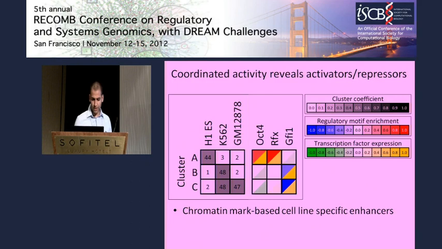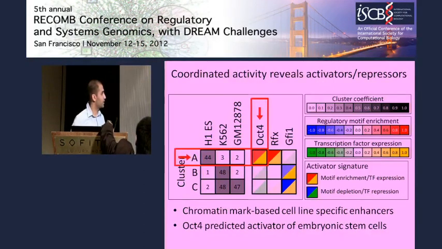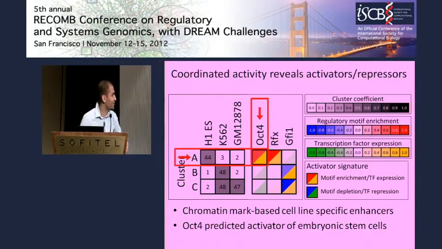If we look at enrichment of motifs, the red indicates that the motif for OCT4 is enriched in these H1ES enhancers, and likewise OCT4, the transcription factor, is also expressed in these H1ES cells.